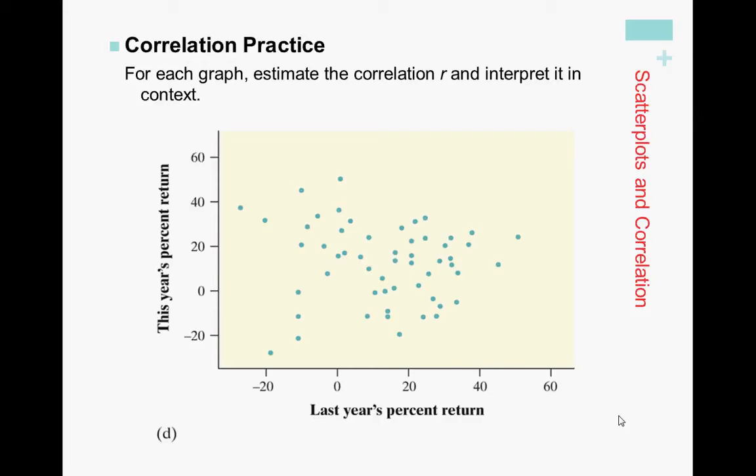Those kind of look like outliers, but I'd say there does seem to be an overall negative pattern where it's going downhill, or a negative association. And I might guess the correlation is something like negative 0.4, because they're relatively close together except for those outliers we mentioned. So I'd say it tends to be that as last year's percent return increases, this year's percent return tends to decrease, and there's a moderate linear relationship between them.